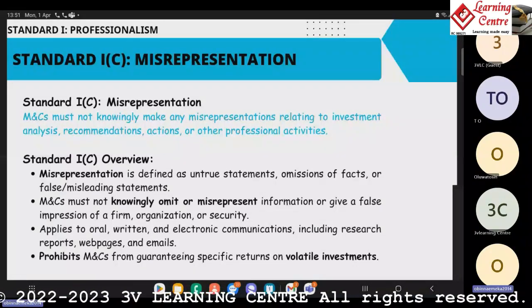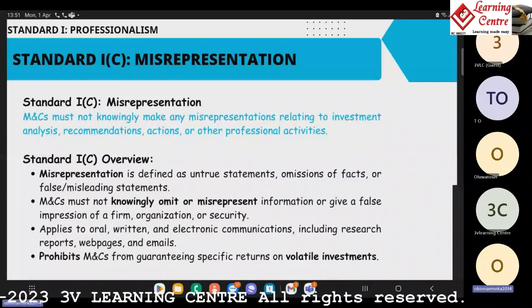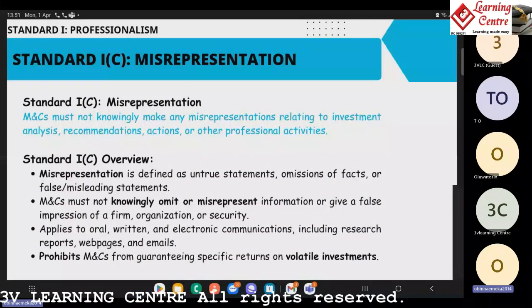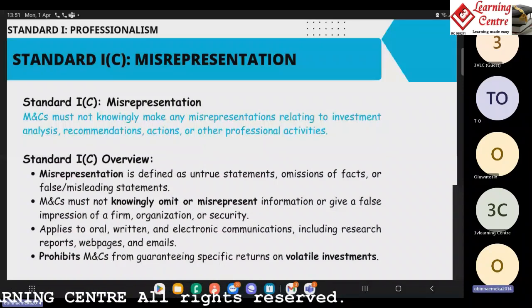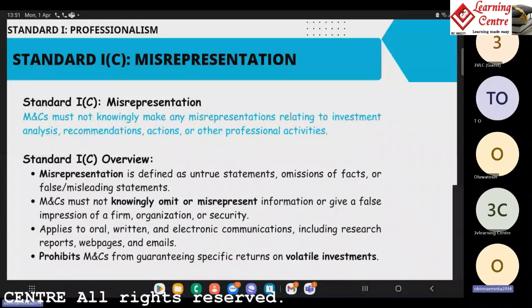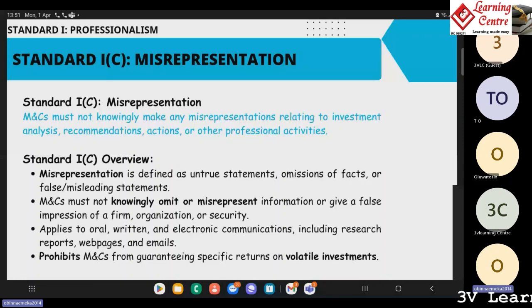According to the CFA Institute, misrepresentation is any untrue statements, any omission of fact, or any false or misleading statements. So this is what they categorize as misrepresentation. So you must not knowingly omit or misrepresent information or give a false impression of a firm, organization, or a security. This applies whether it's oral, written, electronic, or any other form of communication.